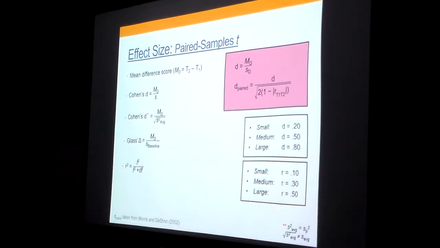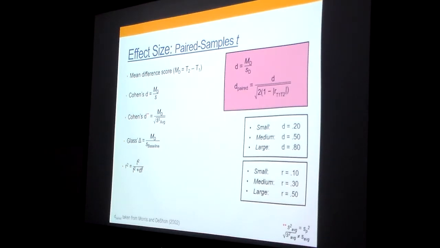So why might we be concerned if we standardize our effect size using the standard deviation of the differences? That's going to be a problem. What's it going to do to our estimate of effect, Sam? It's going to blow it up quite a bit, right?